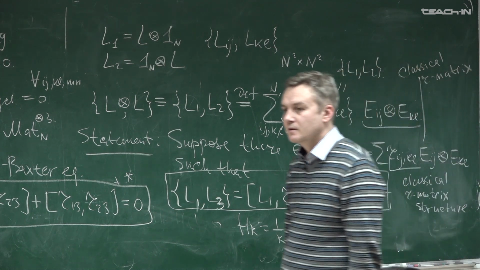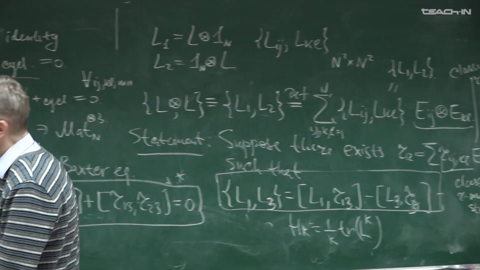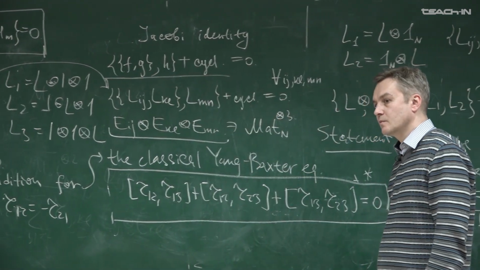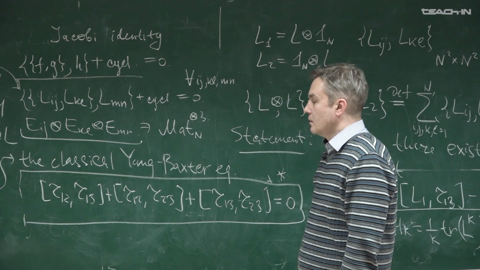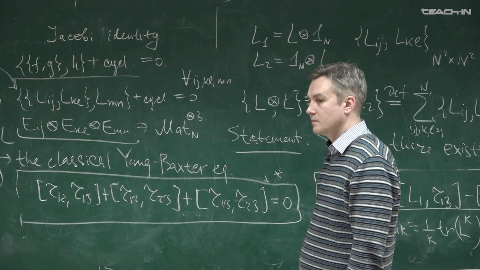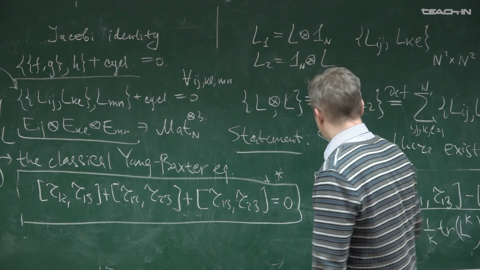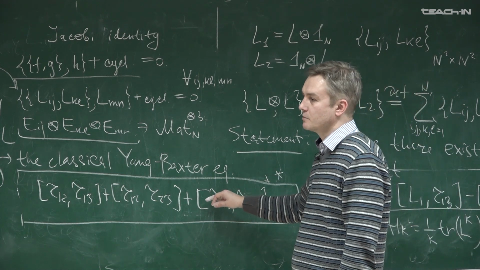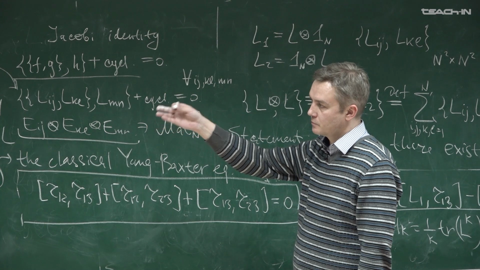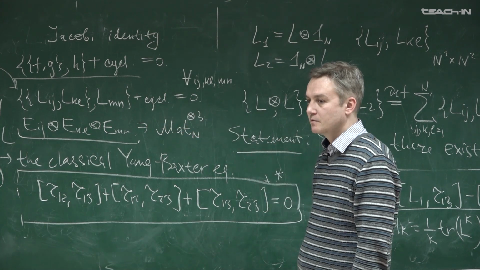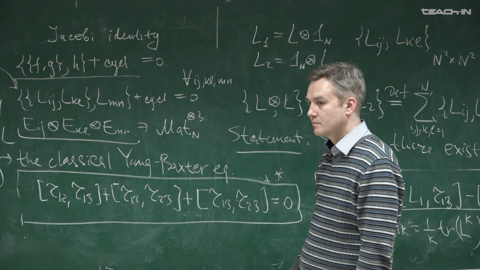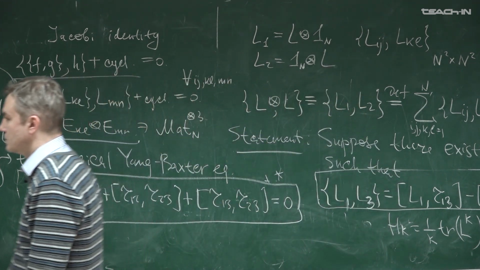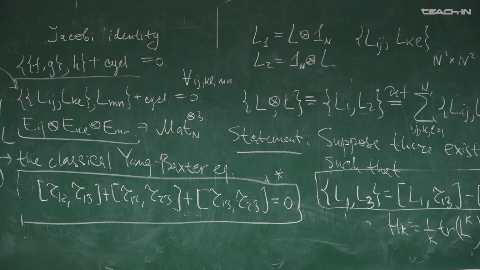Sorry, the consequence of doing this implies the Yang-Baxter equation, but not the existence of the R matrix. Yes, if our matrix exists, then it should satisfy this equation. It is a sufficient condition for this Jacobi identity. But if we just have Jacobi identity, we cannot get the R matrix if we don't know if it exists. There is no way.